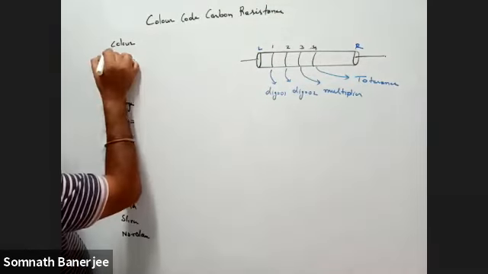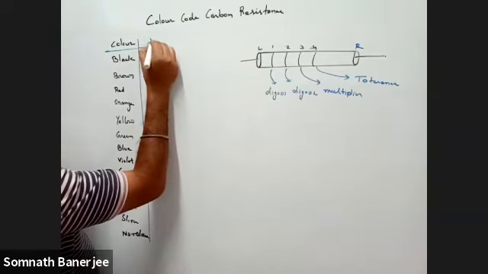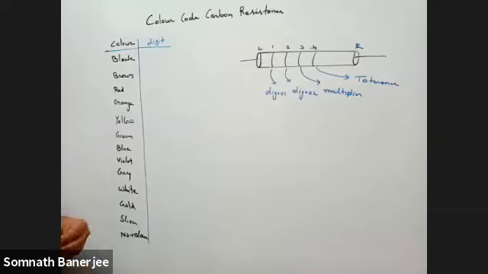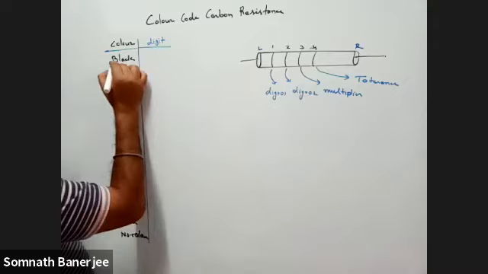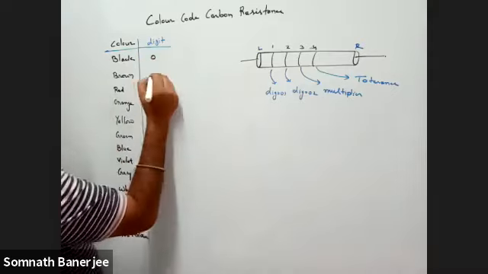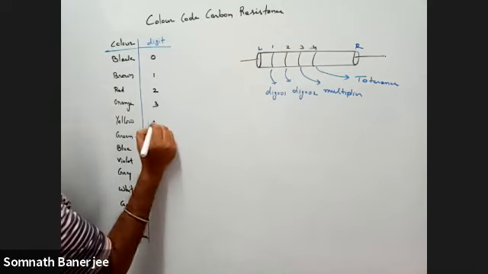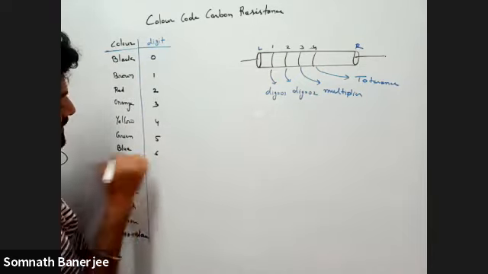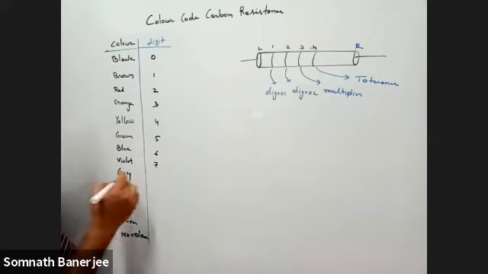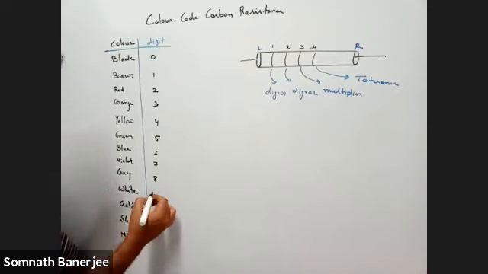Now this one is the color, and this one is the digit. So we start from 0. For black we write 0, for brown we write 1, for red we write 2, for orange we write 3, for yellow we write 4, for green we write 5, for blue we write 6, for violet we write 7, for gray we write 8, for white we write 9.